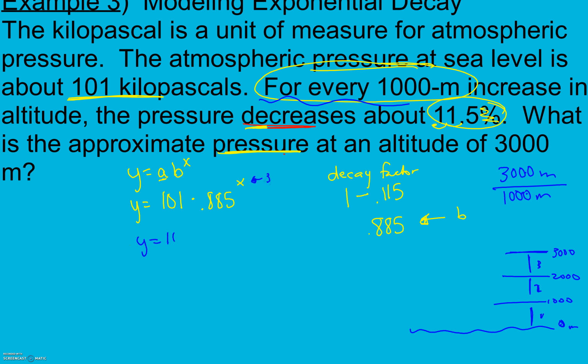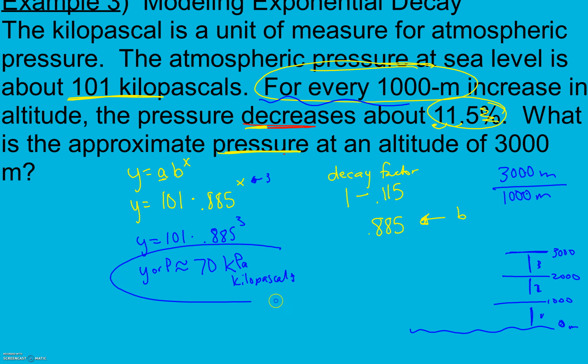So y equals 101 times 0.885 raised to the third power. And so y, or my pressure, is going to be approximately 70 kilopascals, which I think is kPa. I might be wrong about that. Either way, it's kilopascals.